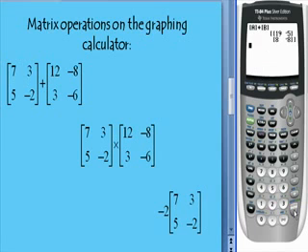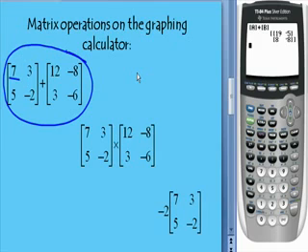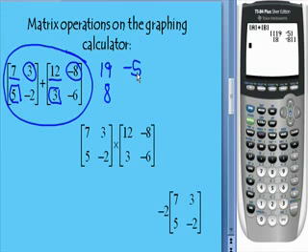And you can see over here that if you did the math, 7 plus 12 would give you 19, and 3 plus a negative 8 would give you a negative 5, and 5 plus 3 would give you 8, and negative 2 plus negative 6 would give you negative 8, and this would be our new matrix.